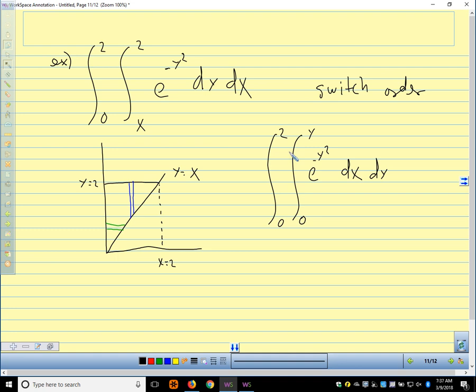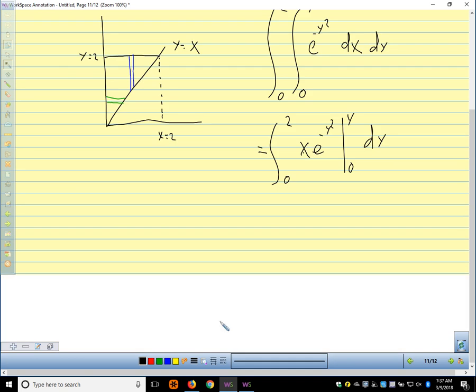Well, look what happens now. What's that integral? e to the minus y squared dx. e to the minus y squared is constant, so that's going to be the integral from 0 to 2 of x e to the minus y squared, evaluated from 0 to y, dy. And that gives us the integral from 0 to 2 of y e to the minus y squared dy.